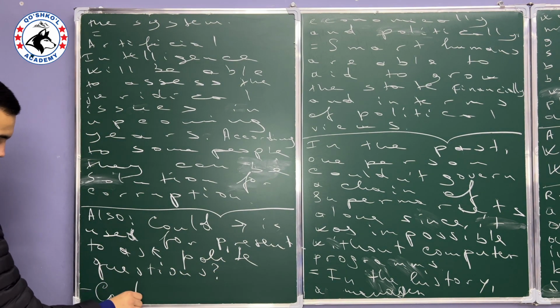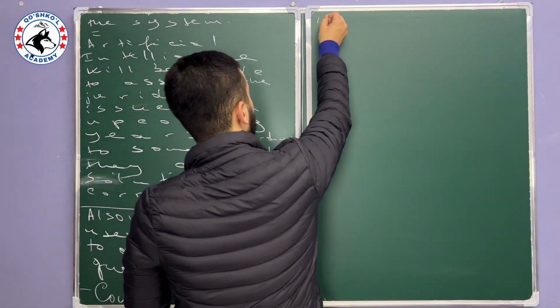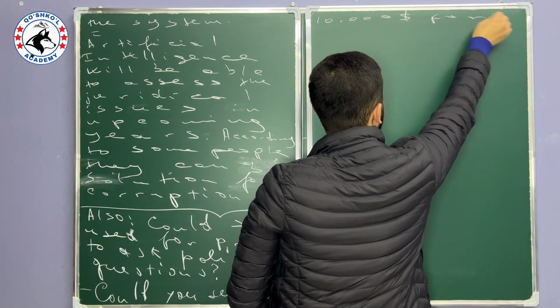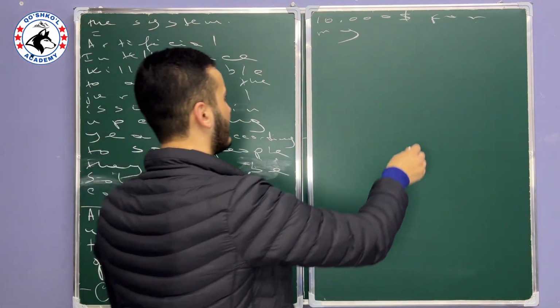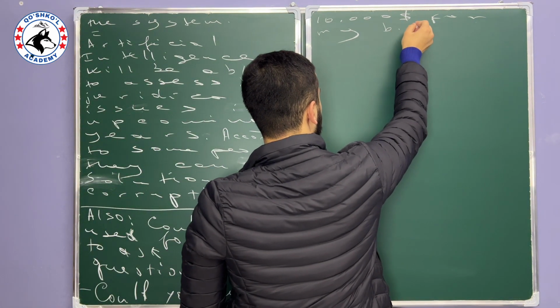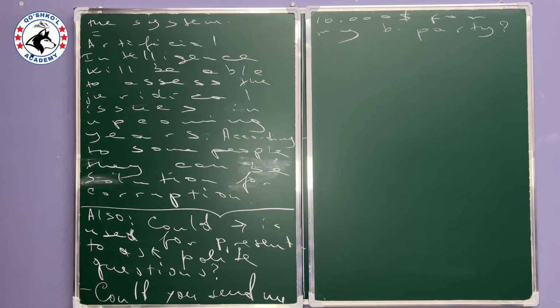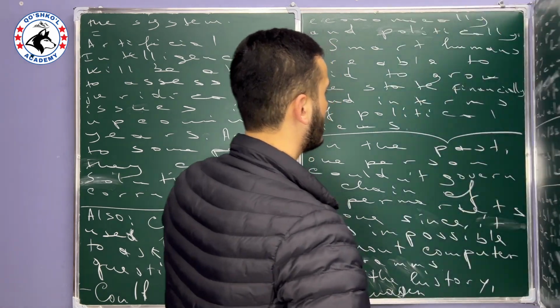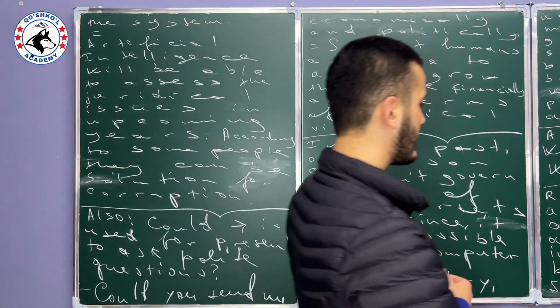For instance, could you send me $10,000 for my birthday party? This is a type of polite question that you ask. In this case, could can be used for the present. So, is there anything that I missed for could, can, and to be able to? I think I have covered all of them, yeah?